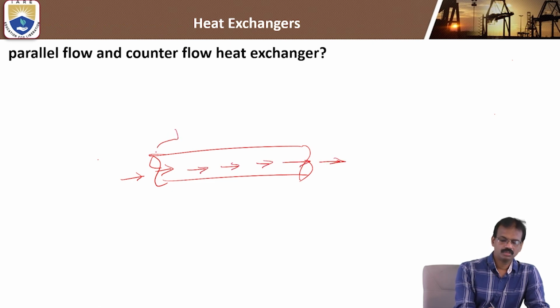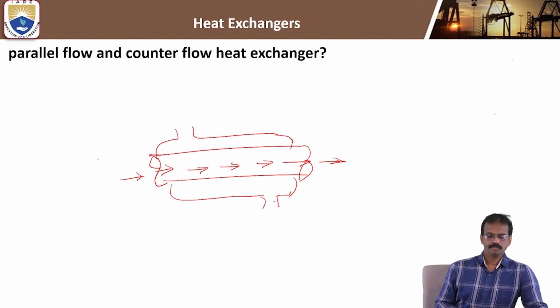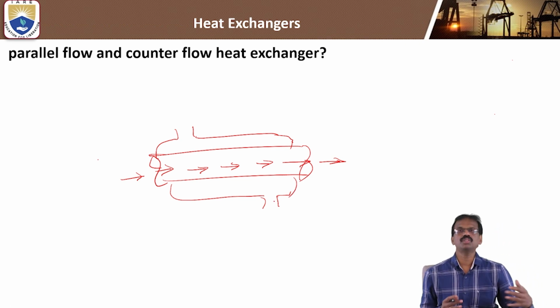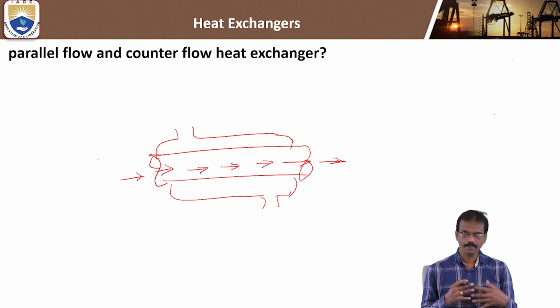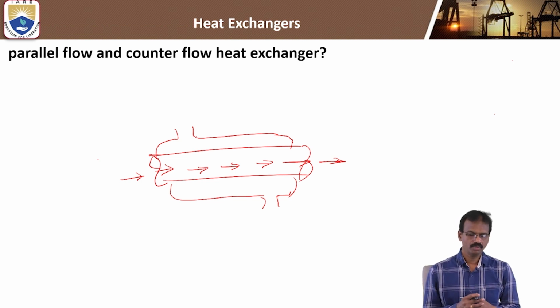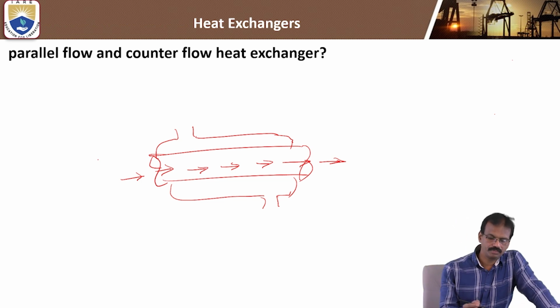This is the outer shell. Parallel flow heat exchanger means both the fluids flow parallelly and in the same direction. This is hot fluid, and this one is the cold fluid.